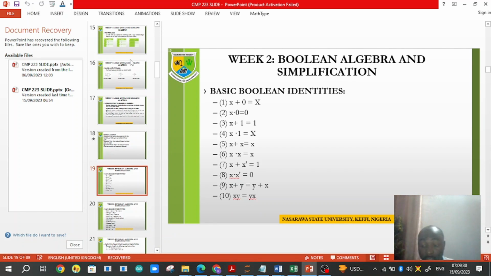The function of the inverter is to change the bit given at its input. If it has a 1, it will change it to 0, and if there's a 0, it changes to 1. These are some of the things we looked at in the last class. And then there are combinations. For instance, when you join the NOT gate with the AND gate, you have the NAND gate.